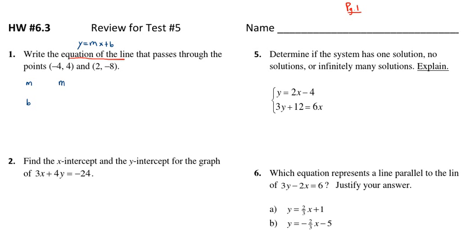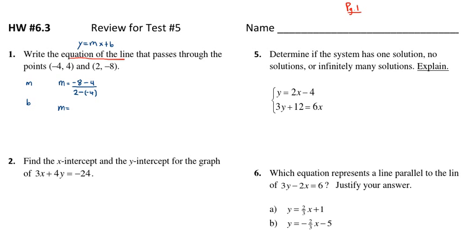Find the slope by subtracting the y values, y2 minus y1, that would be -8 minus 4, and then x2 minus x1, that would be 2 minus -4.